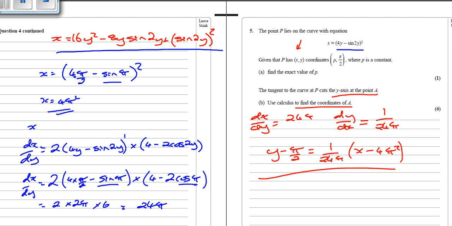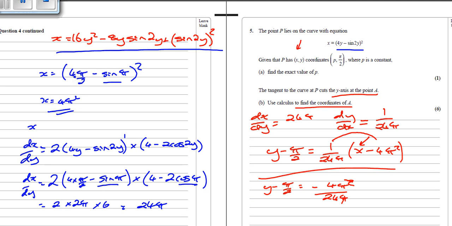So we can have y minus pi over 2. If we set x equal to 0, we can then do this times by this. That's going to be minus 4 pi squared over 24 pi. So let's cancel out one of the pi's.